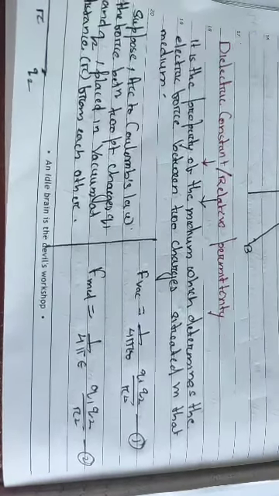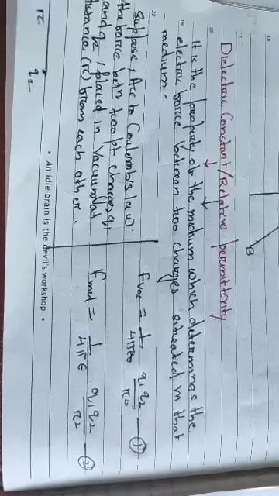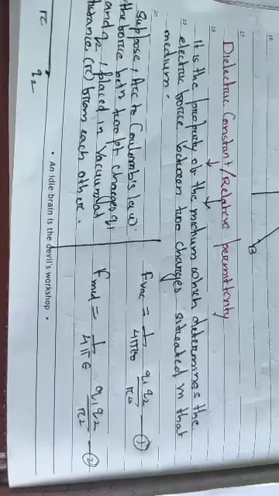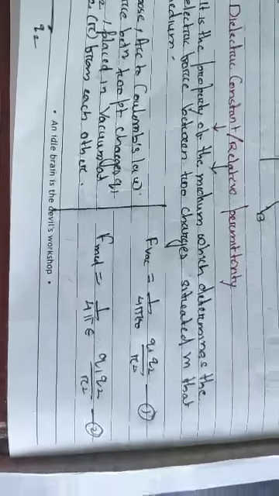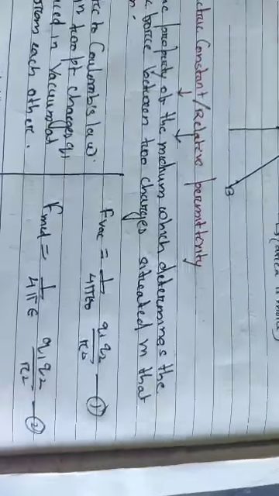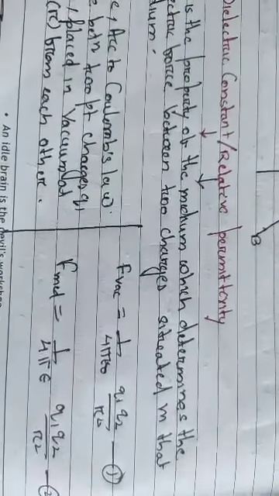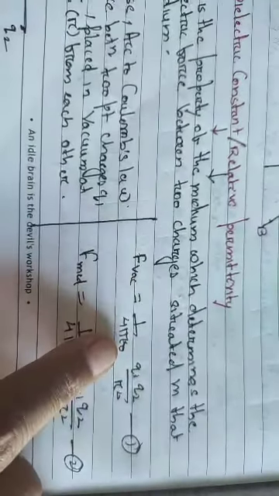So the dielectric constant can be represented in two forms, students, with the help of Coulomb's law. Suppose, here you see, I have considered two media. One is the vacuum, another is a medium.